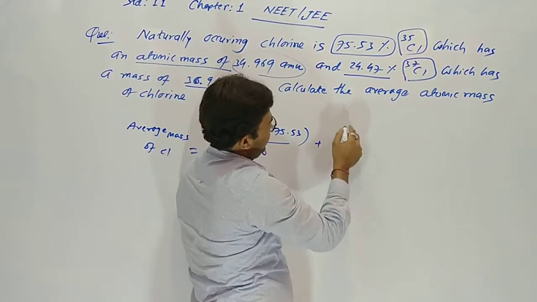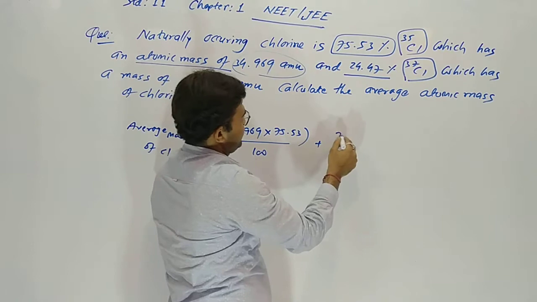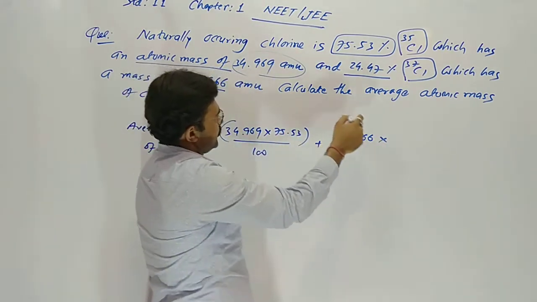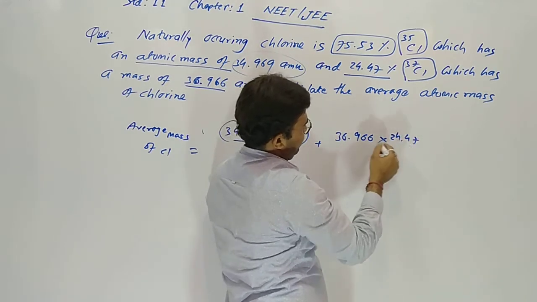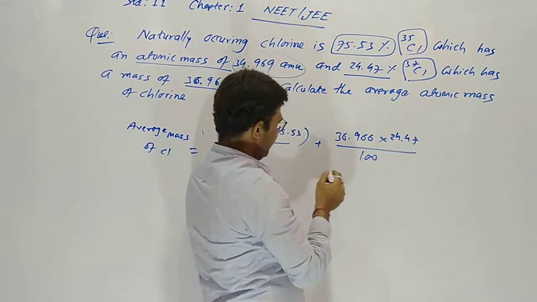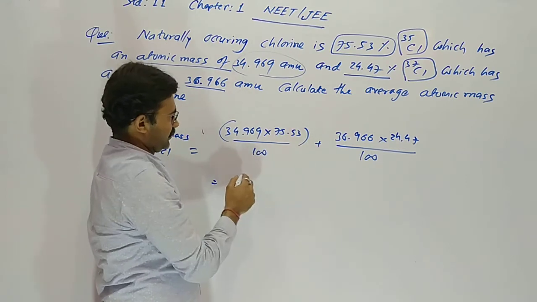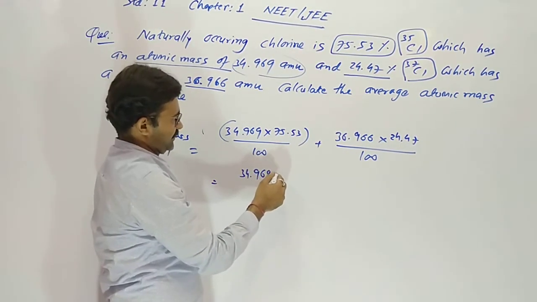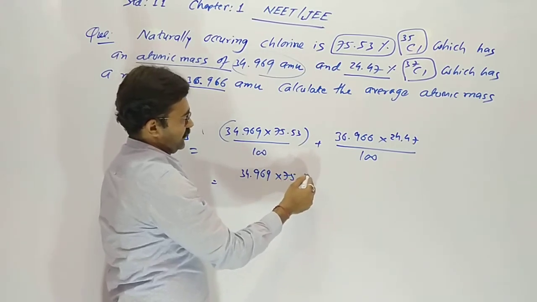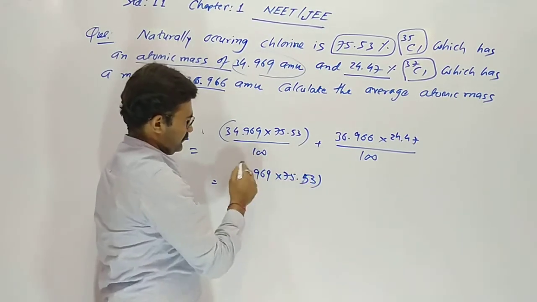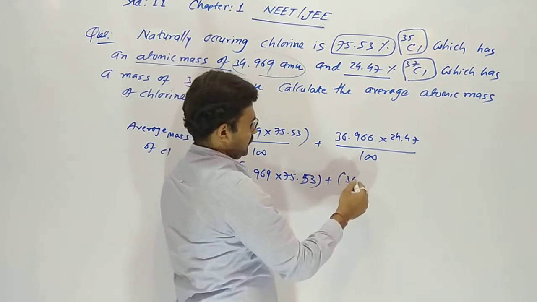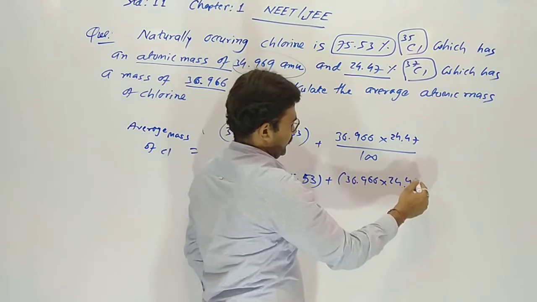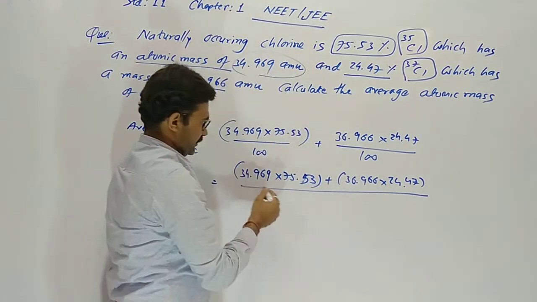Then for chlorine-37, the accurate mass 36.966 has 24.47%, so multiply and divide by 100. Now take the LCM of both. So 34.969 into 75.53 plus 36.966 into 24.47, all over 100.